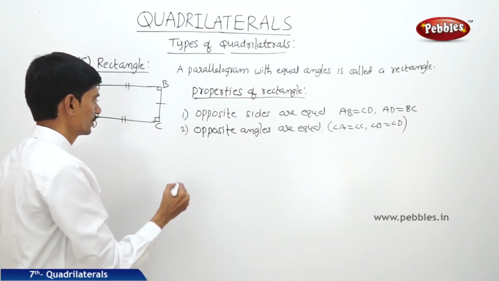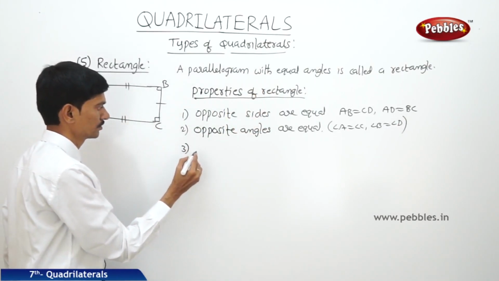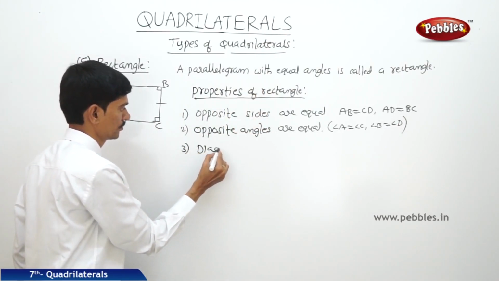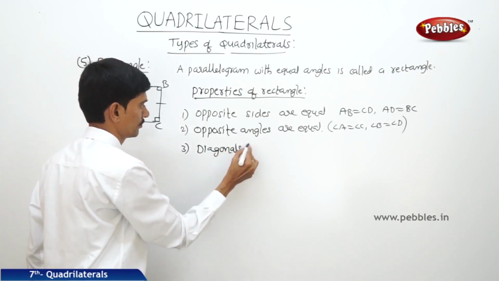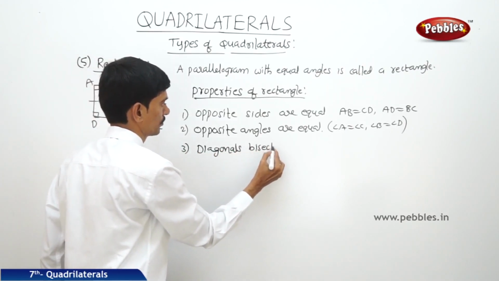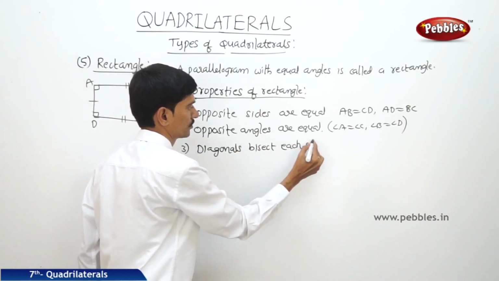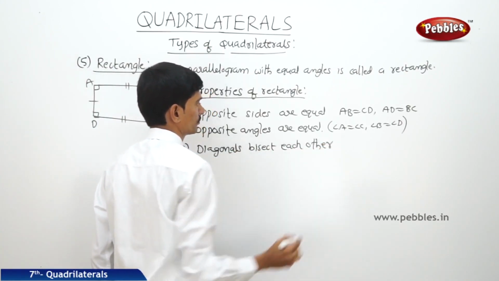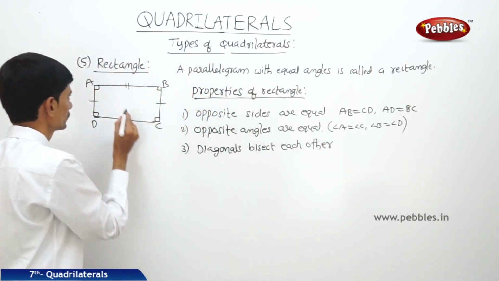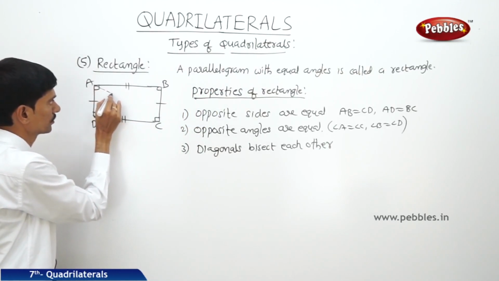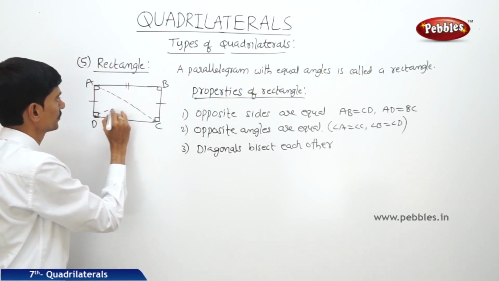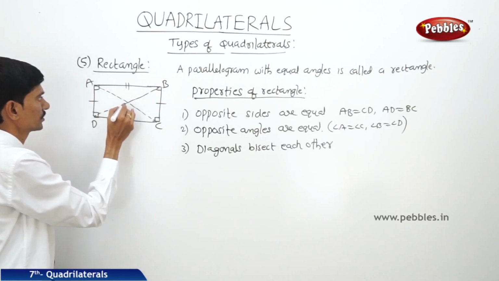Next, diagonals bisect each other. So if you draw the diagonals of rectangle AC and BD, they bisect each other.